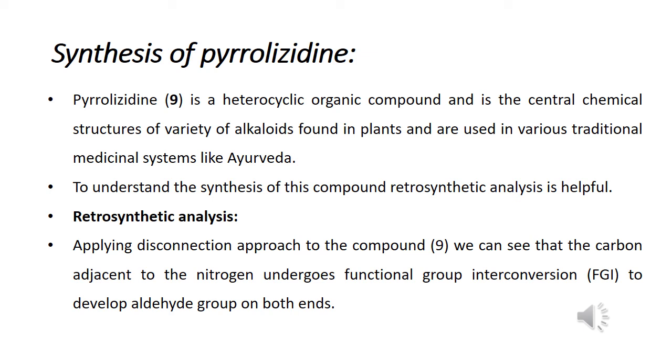Here in this retrosynthetic analysis, applying the disconnection approach to compound 9, we can see that the carbon adjacent to the nitrogen undergoes functional group interconversion, that is FGI, to develop an aldehyde group on both the ends.